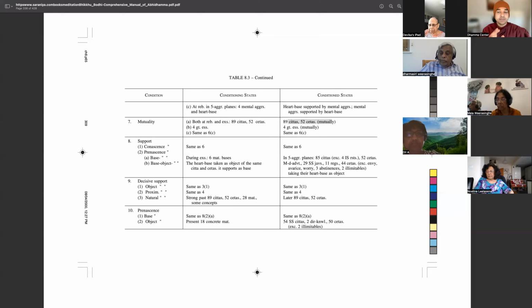The conditioning force is sampayutta paccaya, or association condition. Association condition then becomes the conditioning force, is the real question.